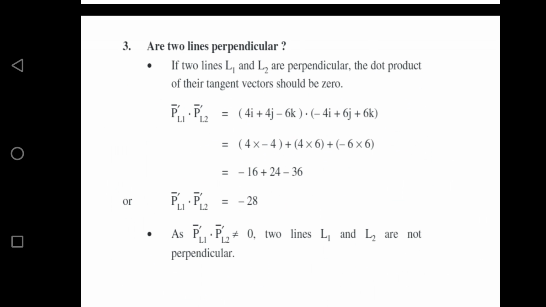So we can conclude that PL1 bar dash dot product with PL2 bar dash is not equal to 0. So two lines L1 and L2 are not perpendicular. Okay, so this is the mathematical representation for perpendicularity of two lines.